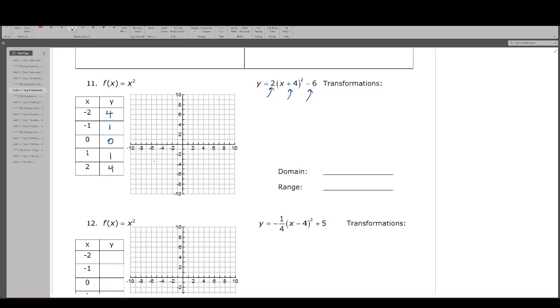So this is not the only way to do this, but it's a way. So the way we look at this is this 2 is 2 times the y values because it's a vertical stretch. This plus 4 is going to be a minus 4 to all the x values. And this minus 6 will be a minus 6 to all the y values.